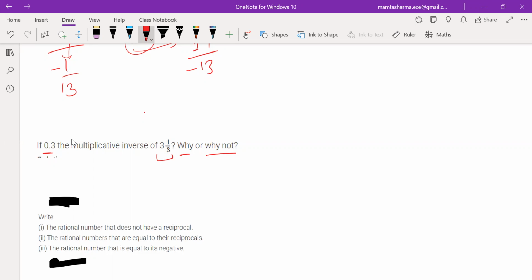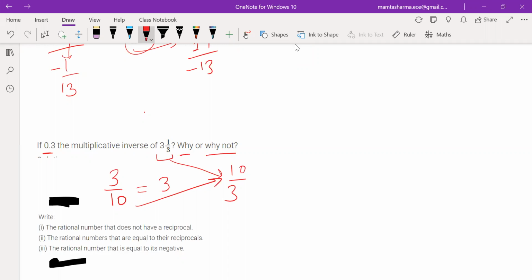Okay, how? Ma'am, because 0.3 we can write as 3 by 10, and 3 1 by 3 we can write as 10 by 3. So it is a multiplicative inverse.